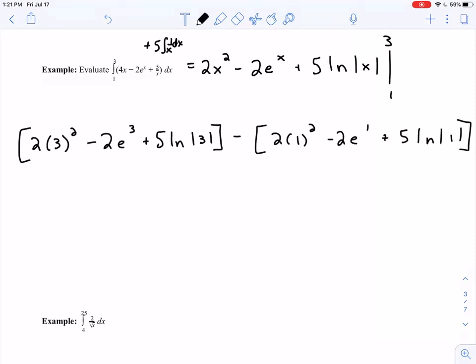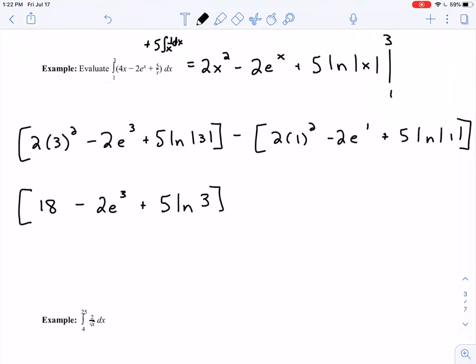And I'm just going to do my best to simplify this as much as I can. So let's see, 3 squared is 9 times 2, I should have 18 here, minus 2e cubed, we'll just leave that as 2e cubed for right now, plus 5 natural log absolute value of 3. Since 3 is already positive, we can go ahead and drop the absolute value.